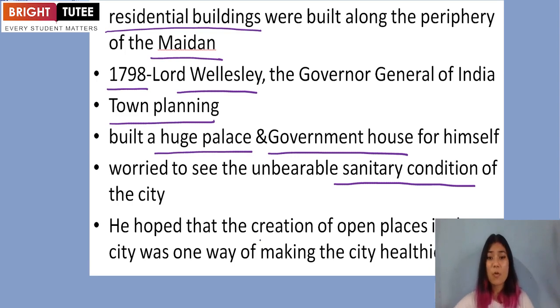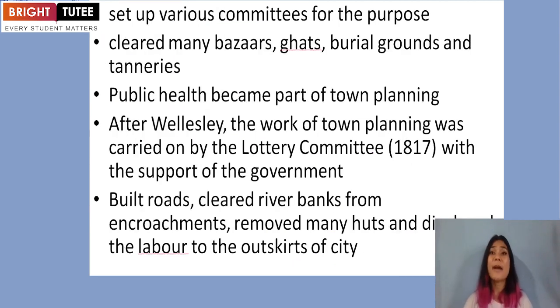Okay, so he hoped that if open spaces were created in the city, then the city would become healthier. If the city was opened up, if there were more open spaces in the city, that might make the city healthier. And he created several committees for the purpose of developing the city.